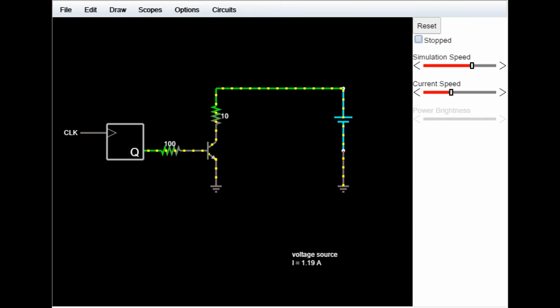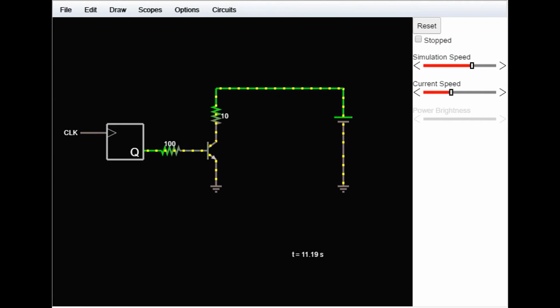First of all, we know that we have a 12 volt battery and 10 ohms. We all know the equation that V equals IR, current times resistance.